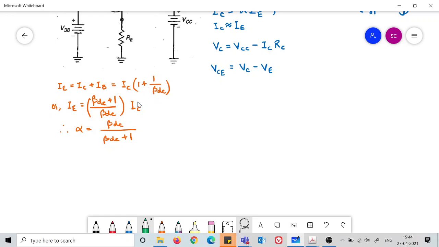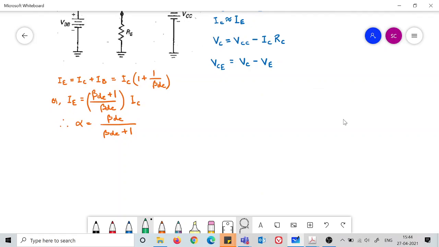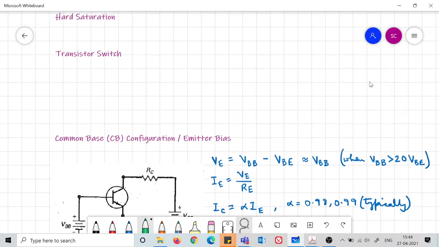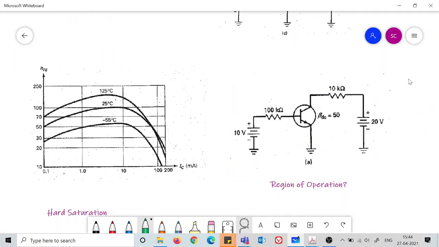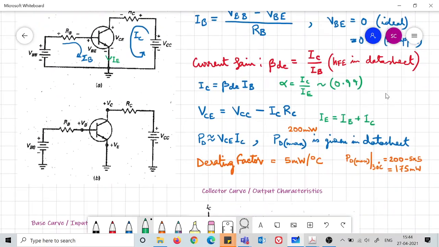You can write it in this manner, and this gives you IE equals this times IC, and hence alpha would be the inverse of this, which is beta by beta plus 1. Alpha would be beta by beta plus 1. So that is the thing. Now after we understand that there is a relationship between alpha and beta, we can talk about something here.